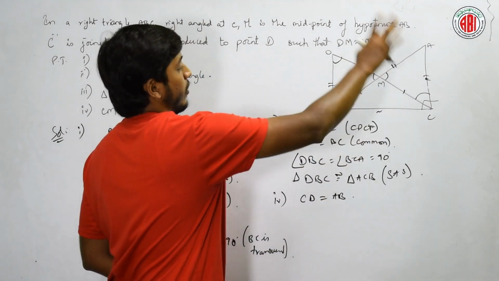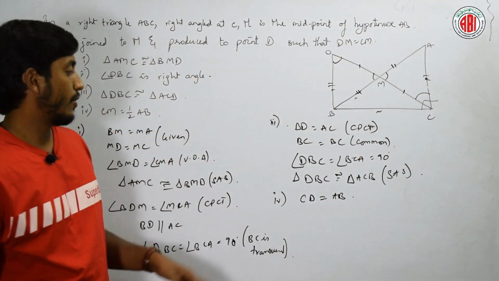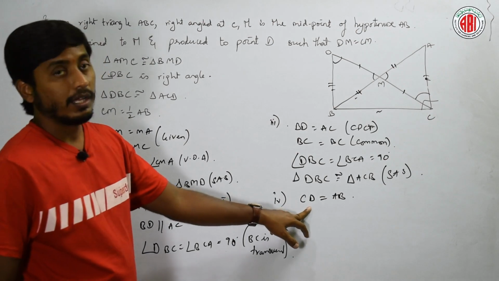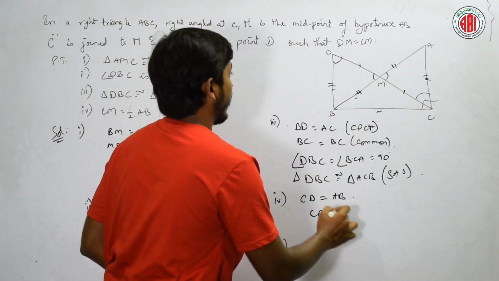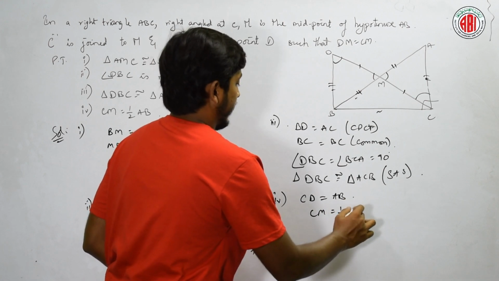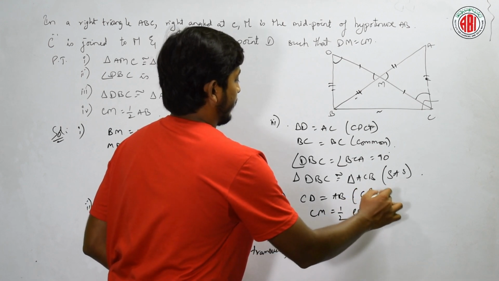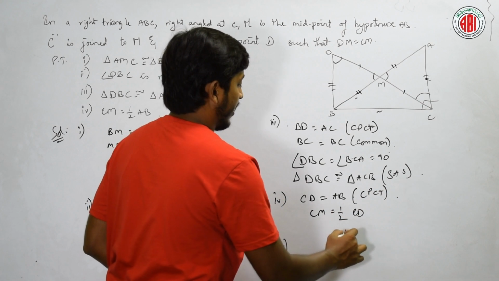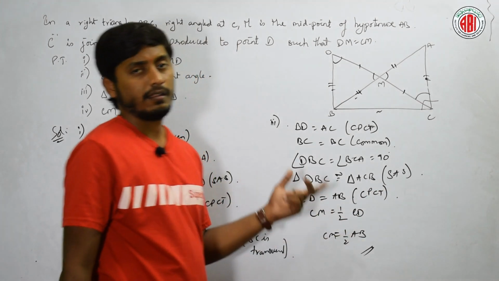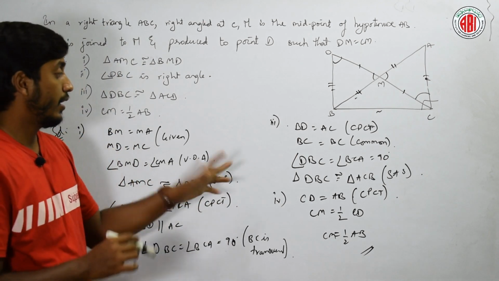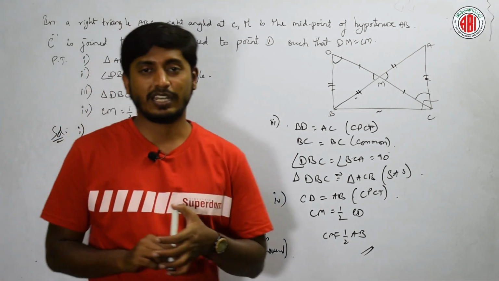This whole is equal to AB. Yes or no? Now just tell me what is CM? I know that CM is half of CD, right? This is CPCT. What is CD now? Tell me. Which is nothing but AB. Clear? Fine. Did you understand? Shall we move on to the next problem?